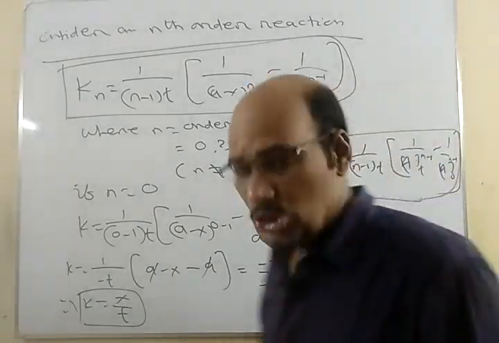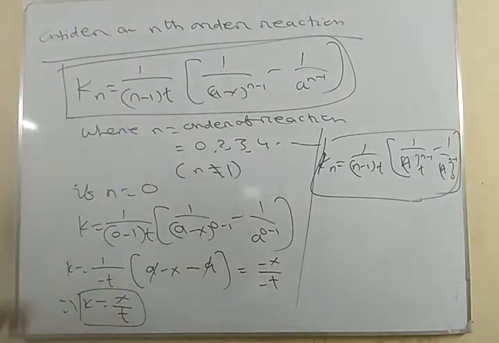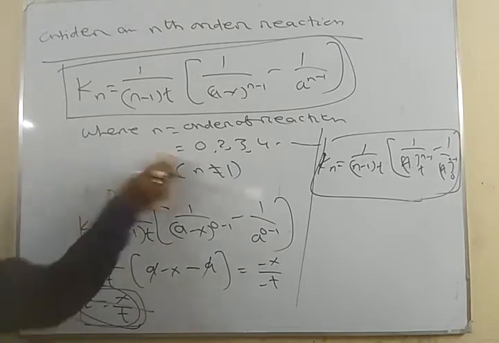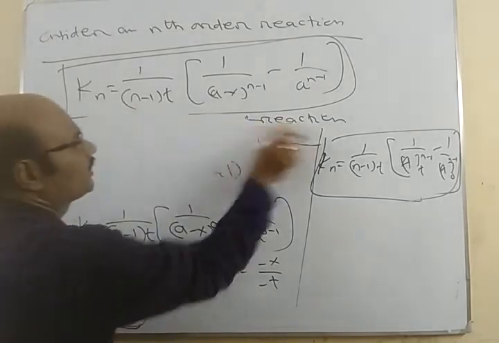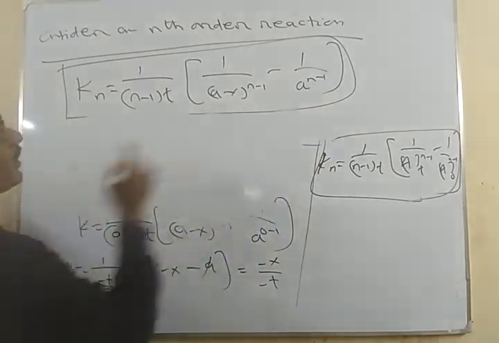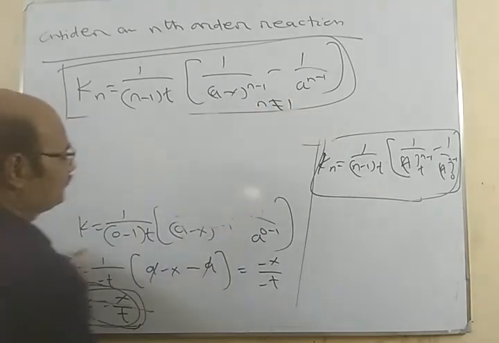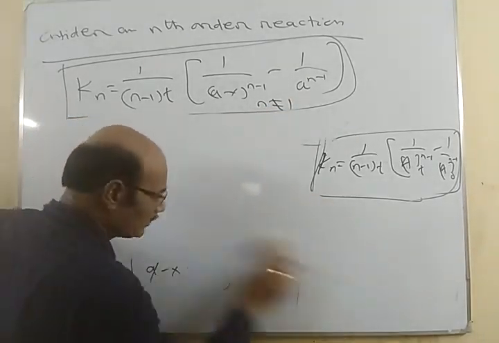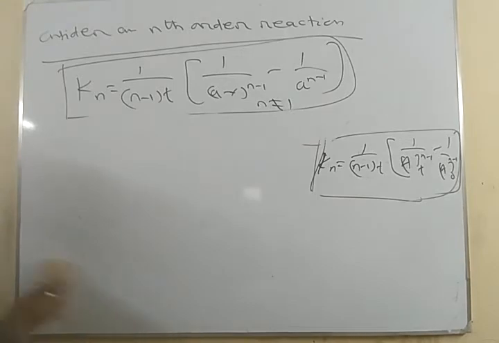Okay. So now this equation we have already derived. If I take suppose n equals 2, and remember here n is not equal to 1. If n equals 1, then k equals 2.303 by t log a by a minus x.